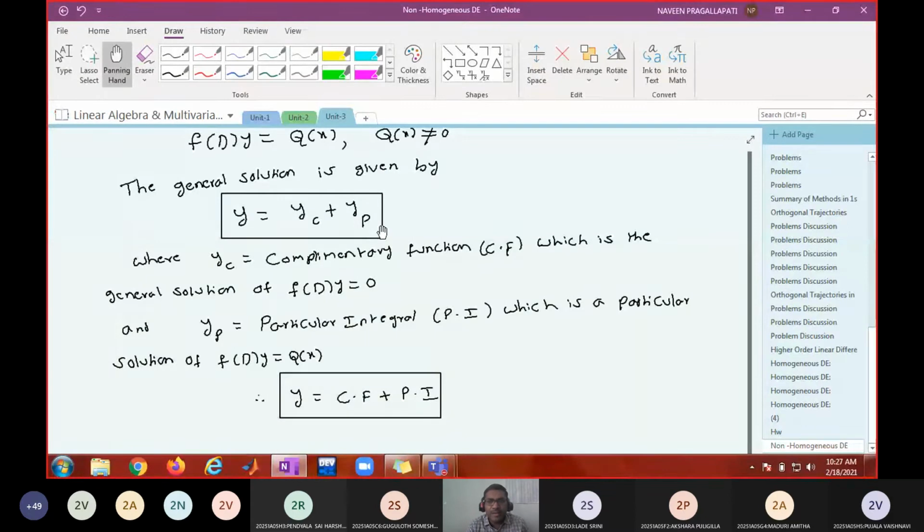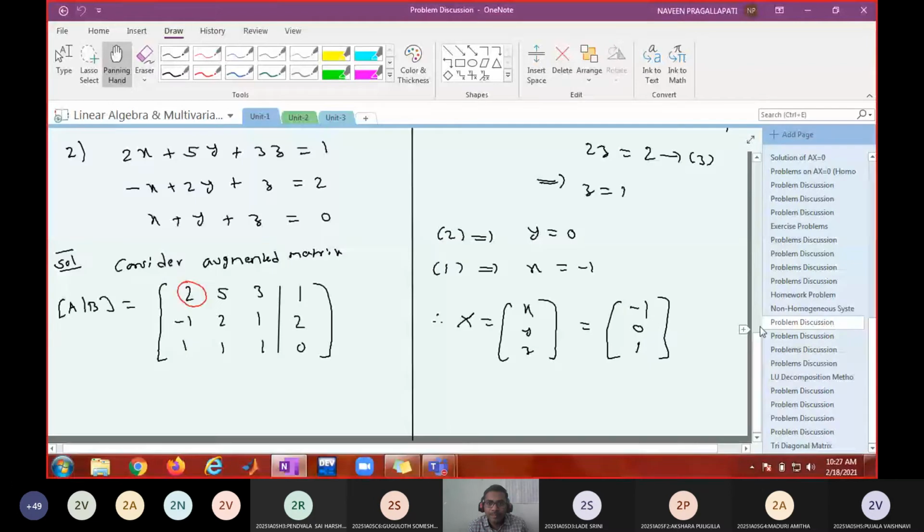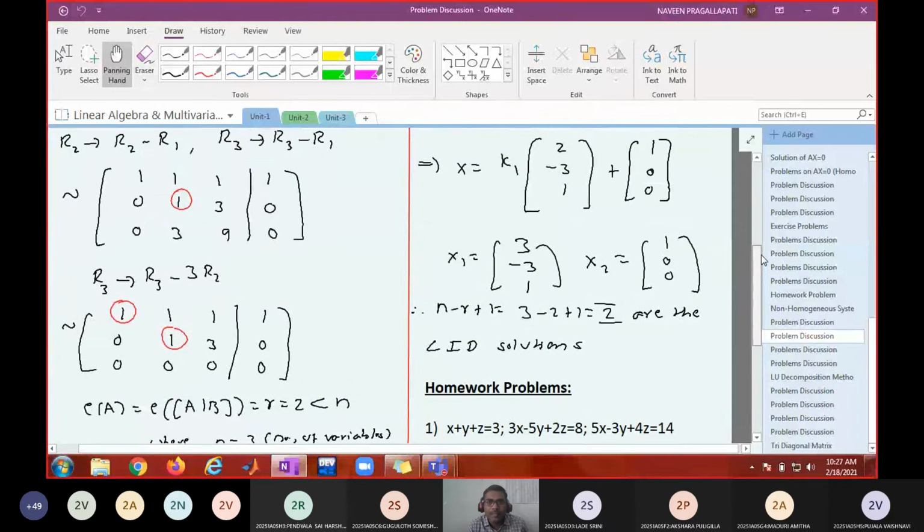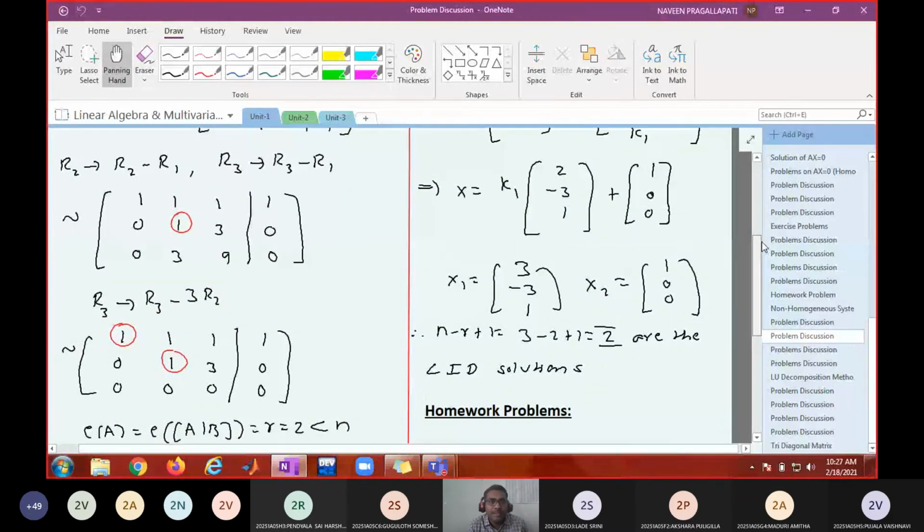It is exactly similar to solving a non-homogeneous system. I would like to show you what we did earlier. Non-homogeneous system. Did you see this problem?